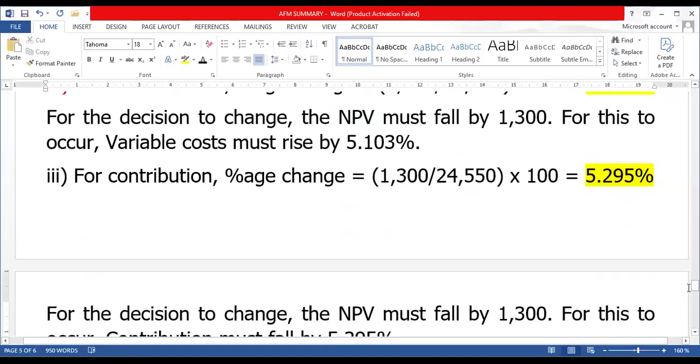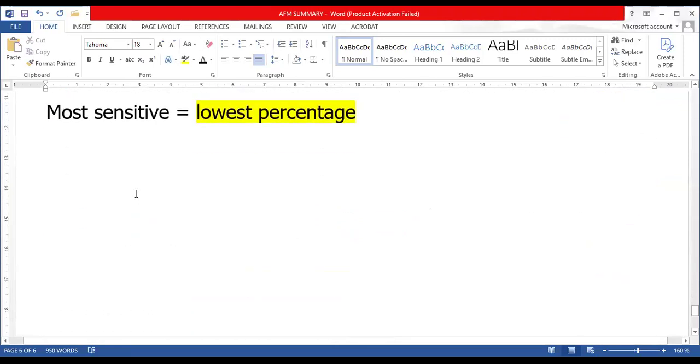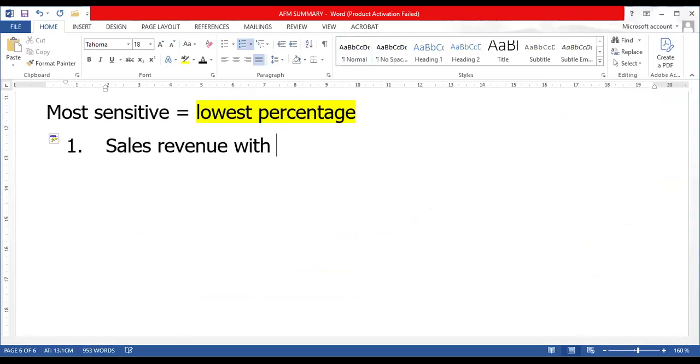Write sales revenue and put the percentage in a bracket. Okay, here for rank, you will just say the first one is sales revenue, the most sensitive one, with the percentage change of, put the percentage.